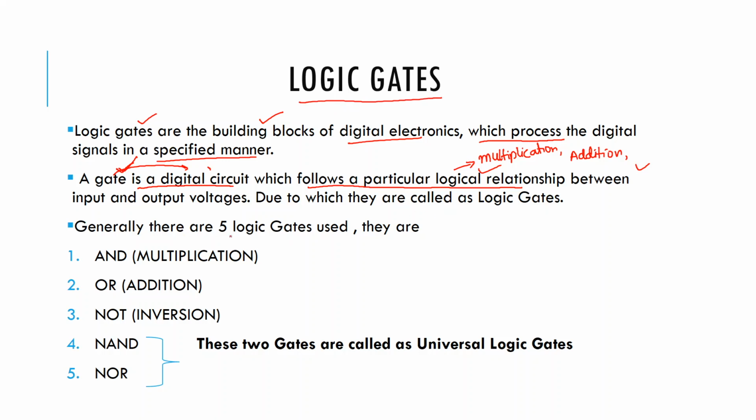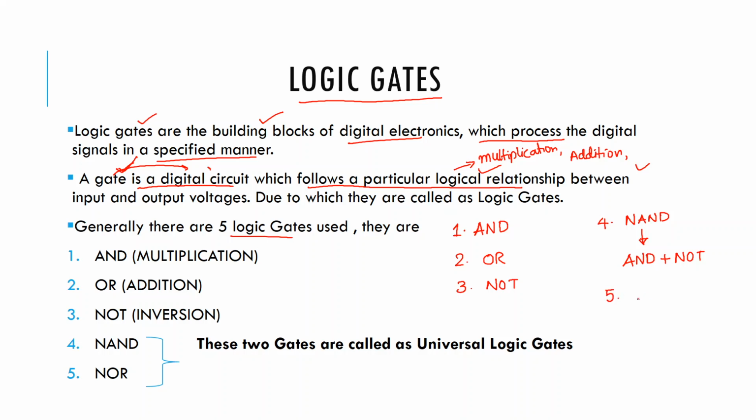See, I have given here 5 logic gates. Actually, generally there are only 3 logic gates. The first one is the AND logic gate, the second one is the OR logic gate, and the third one is the NOT logic gate. And the remaining two are: the fourth one is the NAND logic gate, which is a combination of the AND logic gate and the NOT logic gate.